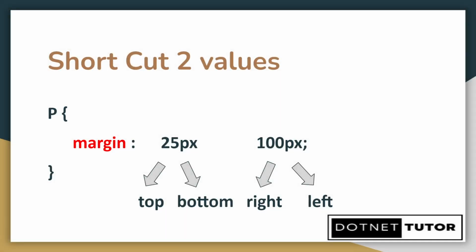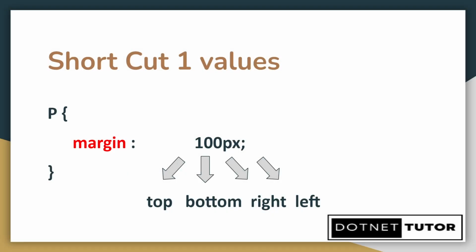Suppose you give two values, like 25 pixels and 100 pixels. It will take the first value as top and bottom, and the second value, 100 pixels, for left and right margins. If you give just one value, it will take it for all four sides.